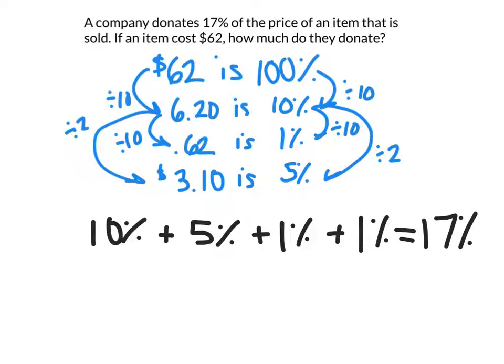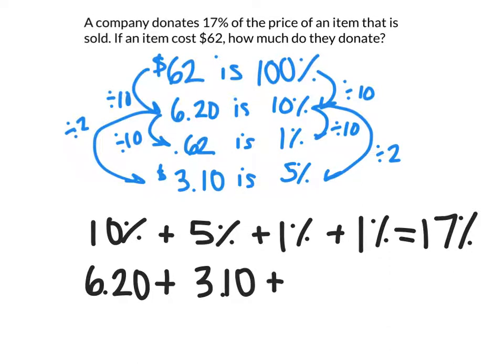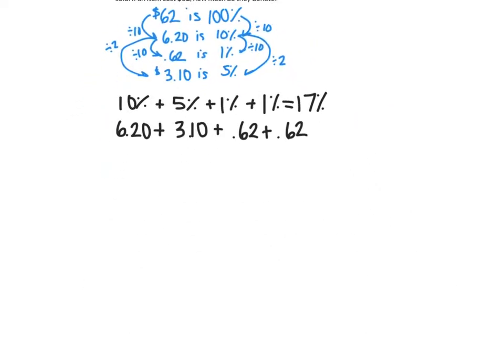Now, like I said, you could have just taken 1% and multiplied it by 17. I'm just trying to show you another way around it. So 10% is $6.20, plus 5% is $3.10, 1% is 62 cents, and another 1% is another 62 cents. So I just have to do some adding.